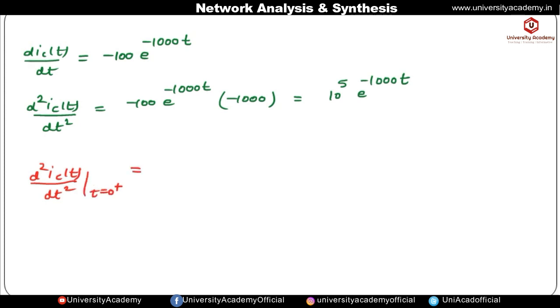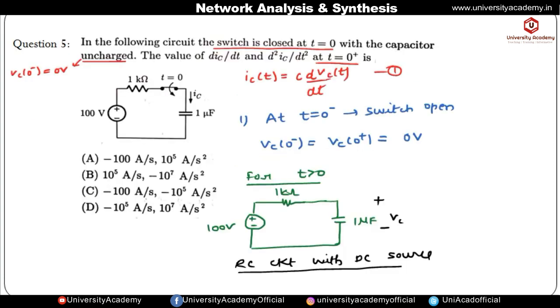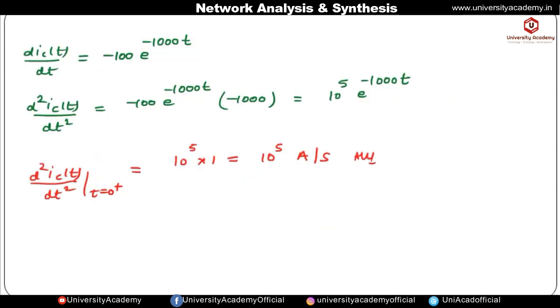If we substitute t equal to 0 positive, then e to the power 0 is equal to 1. So we are getting 10 to the power 5 into 1, that is 10 to the power 5 ampere per second. This is the answer, and this is matching with option a, that is minus 100 and 10 to the power 5 ampere per second.